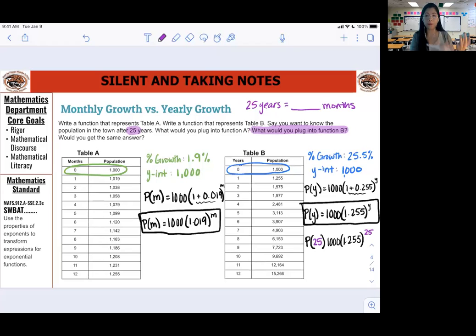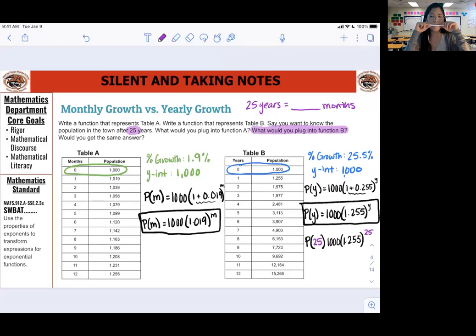If I know it's 25 years, how do I figure out the number of months? You divide. I divide by what? By 12 divided by 25. Okay, what's 12 divided by 25? 0.48. Does that make sense? No. So maybe I'm not dividing. Maybe what am I doing instead?